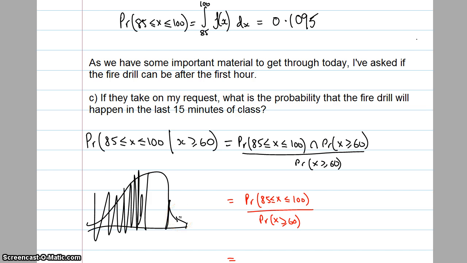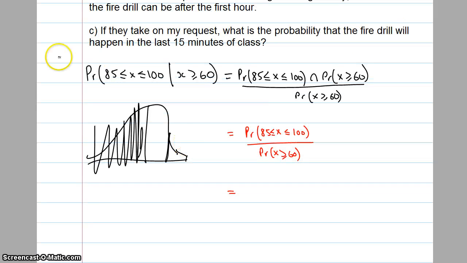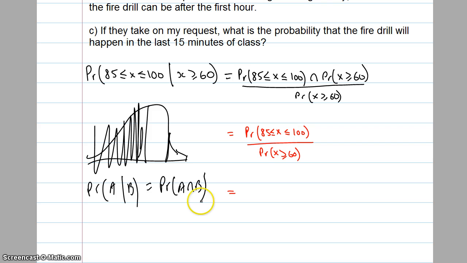So mathematically, the way to do that is to remember the given probability formula: A given B equals the probability of A and B together over the probability of B. I actually covered this slightly in another video, I think it's background information for discrete random variables.